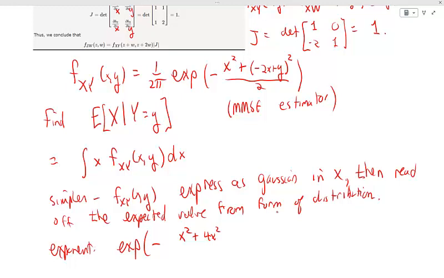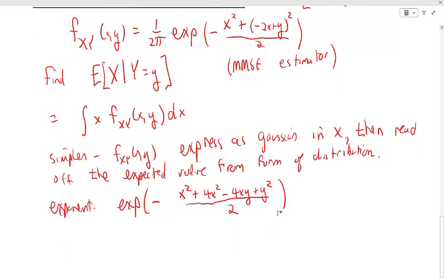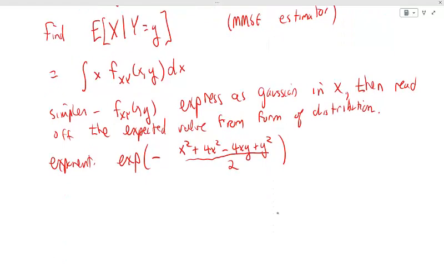Then it's going to be minus 4xy. And then we're going to have plus y squared. This is all over 2. All right. So let me complete the square. And then I'll get this as a nice form in x.